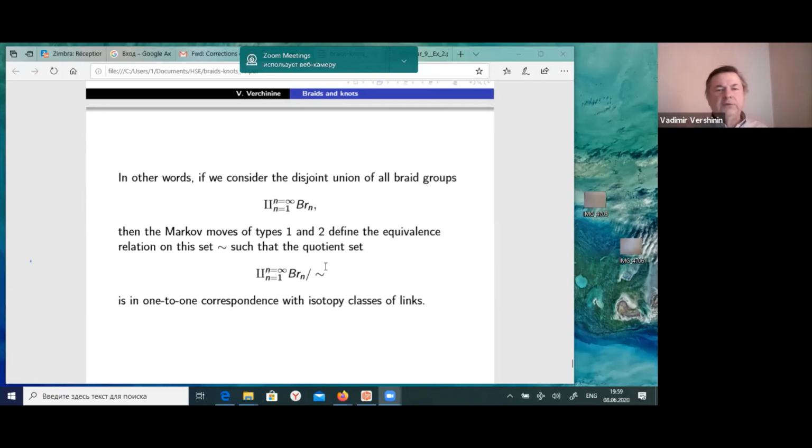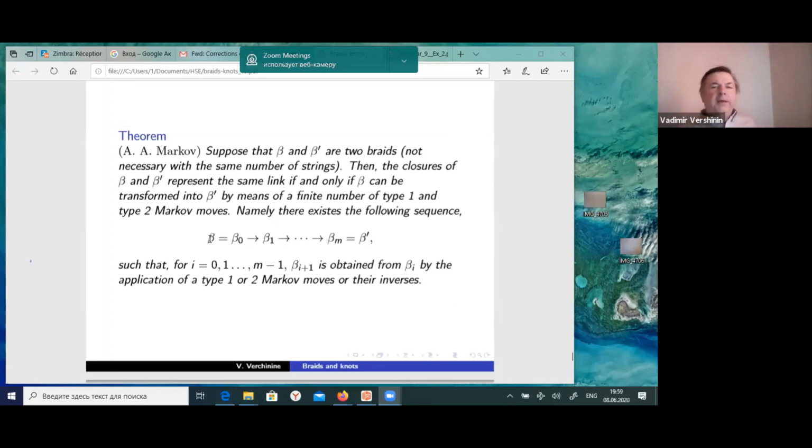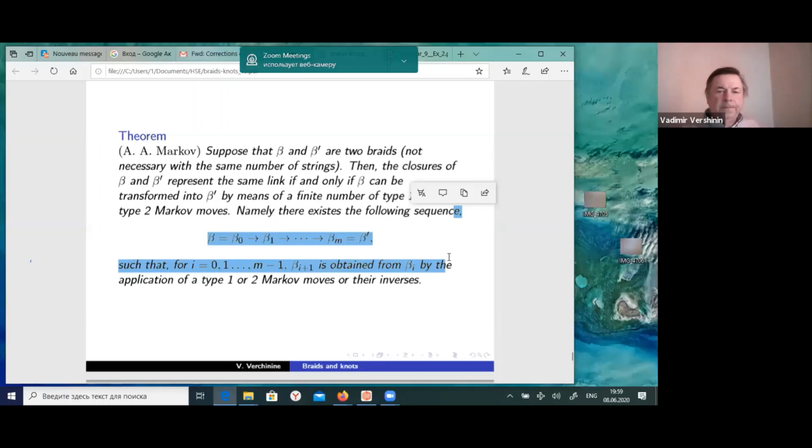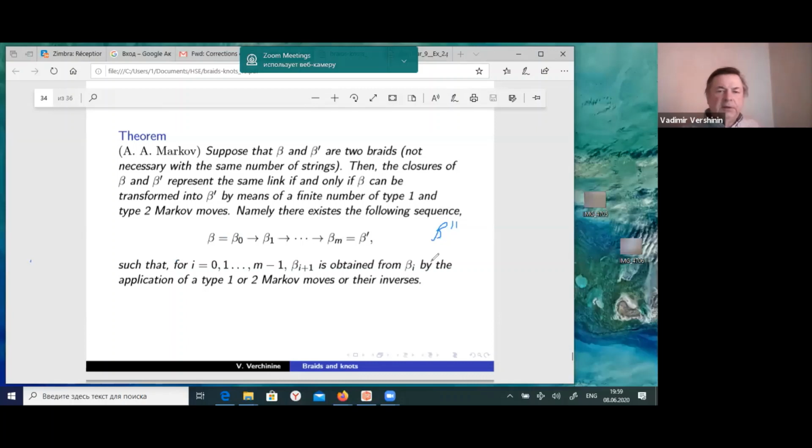So if beta and beta prime are connected with this chain, and you have beta second here and again a chain of moves, then of course you have a chain from beta to beta prime.